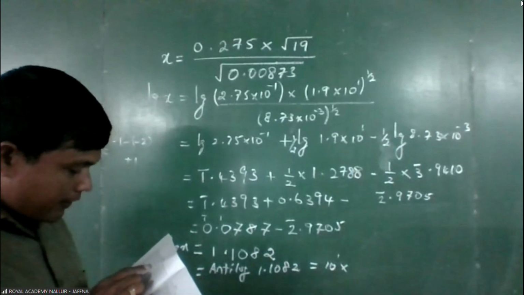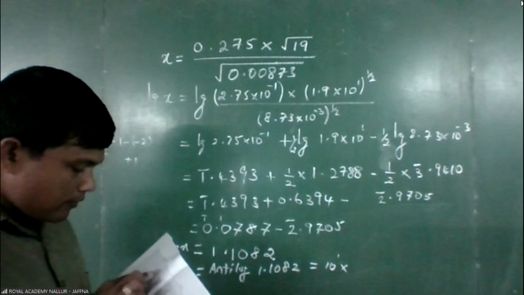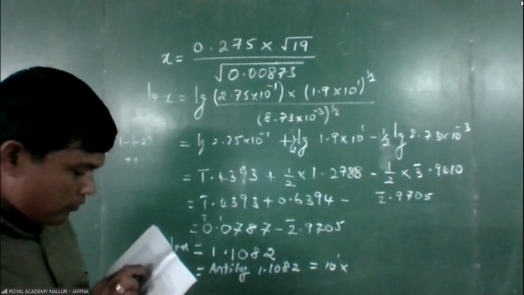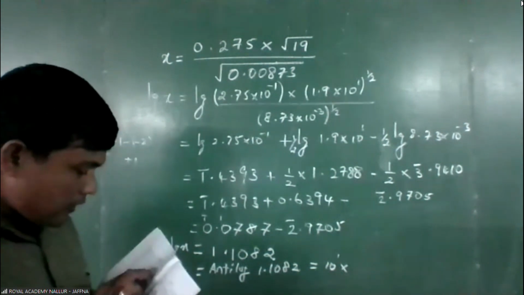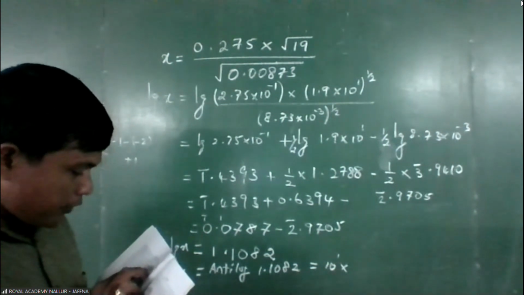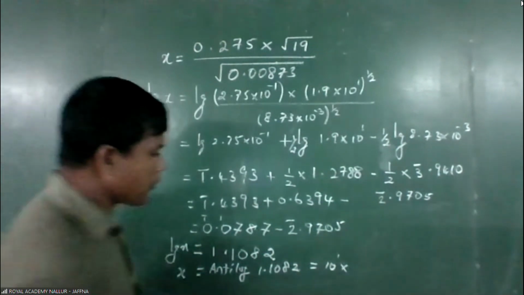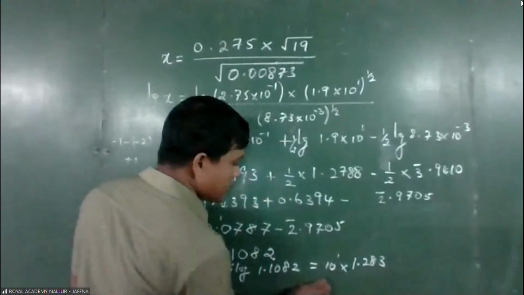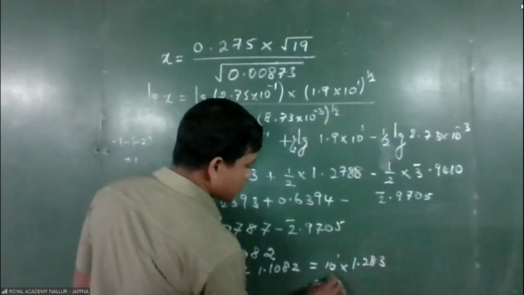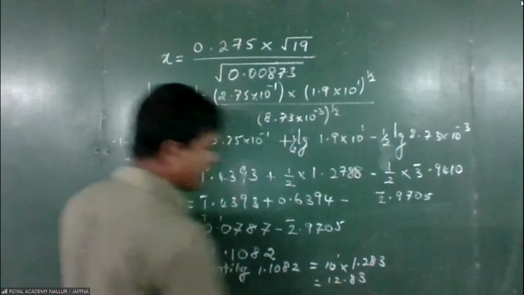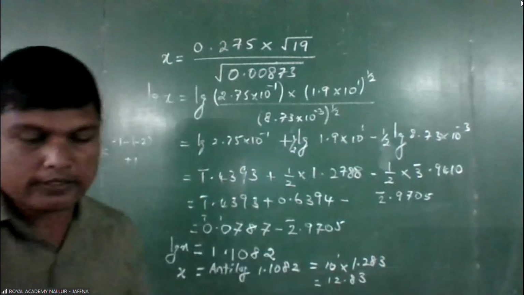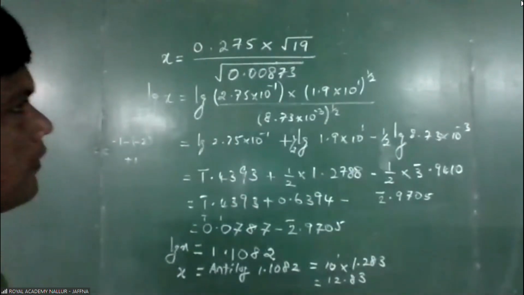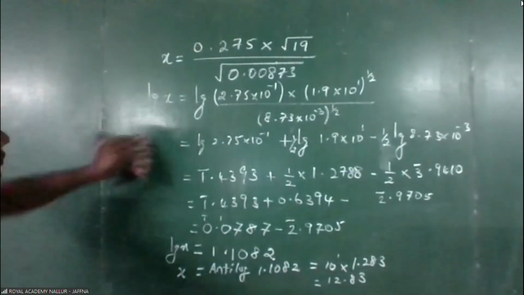When you find 1082, that answer is 1.283. So finally, your answer will be one place, so 12.83. Right? I think it will be your answer. Or if there are any differences, you can talk. Right.